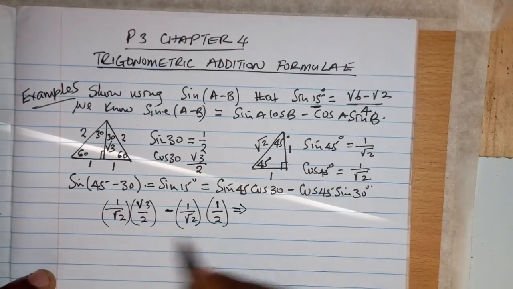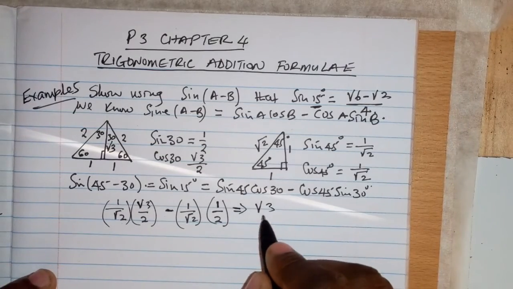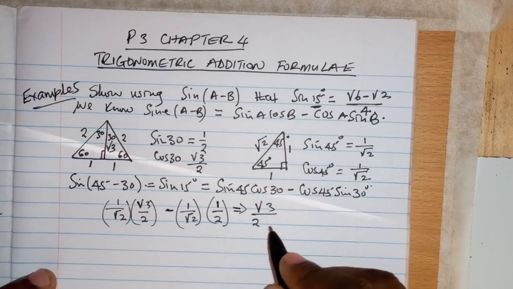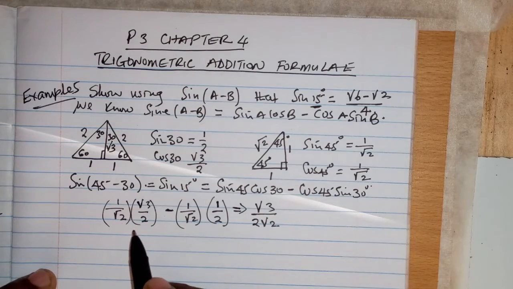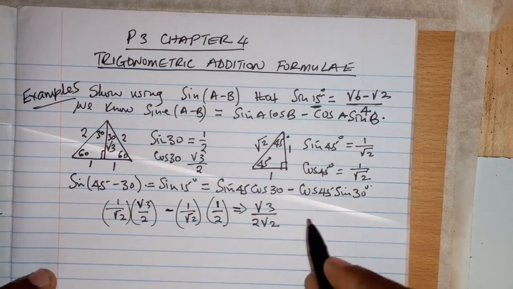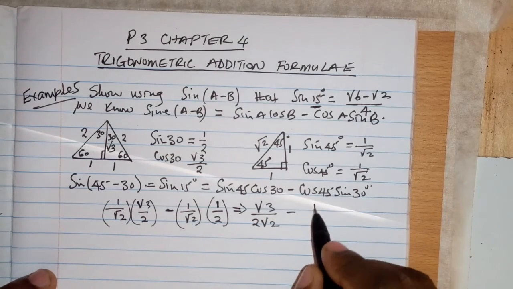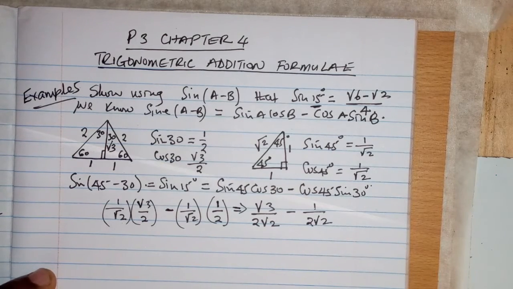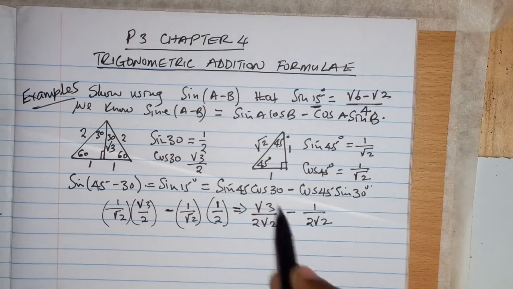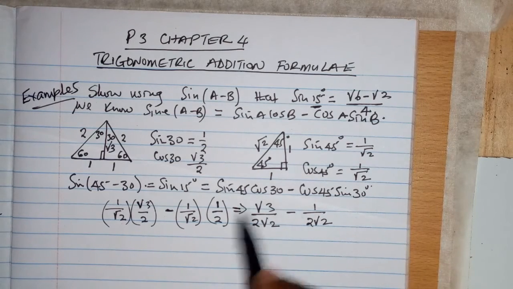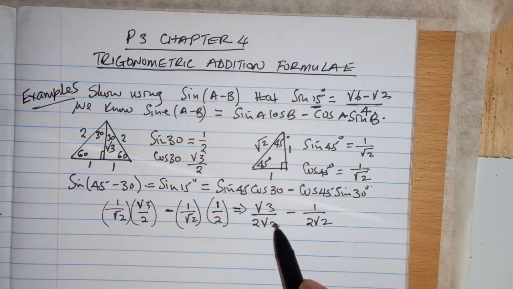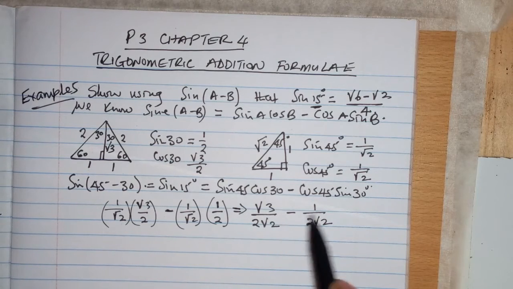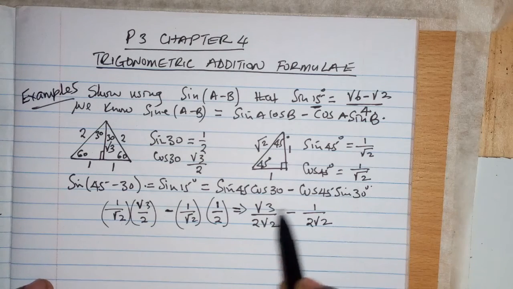Expanding this, we have root 3 over 2 root 2. That's the left-hand side. Minus 1 over 2 root 2. If we want to now simplify this, we must be prepared to rationalize the denominator of each term.